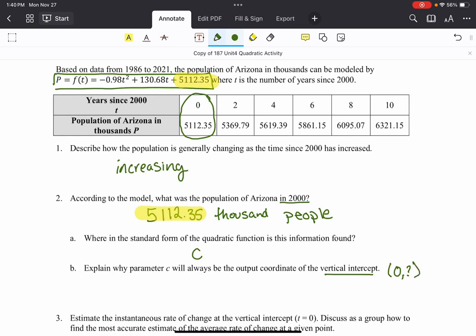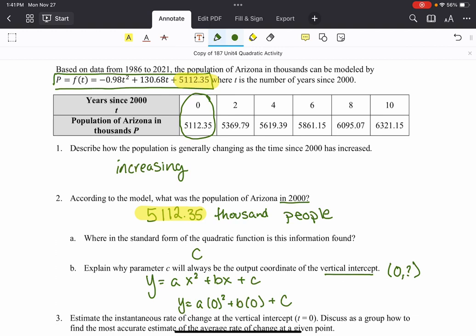So in this particular case, or in any, if I want to generalize this, if I took that general quadratic function form and I replaced each of my variables with 0, I would have 0 squared plus b times 0 plus c.